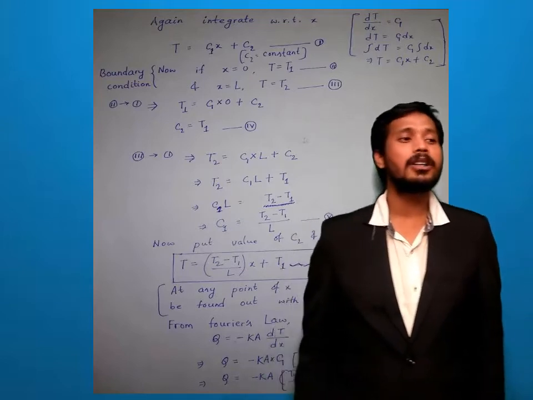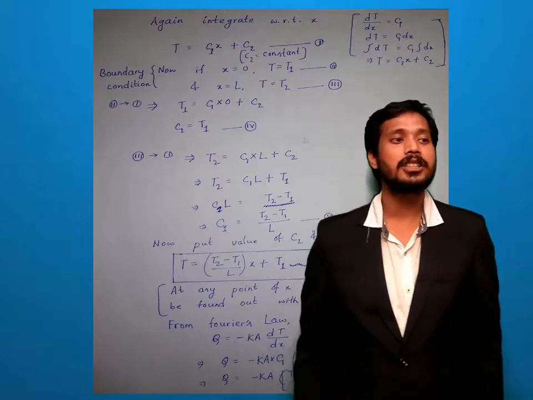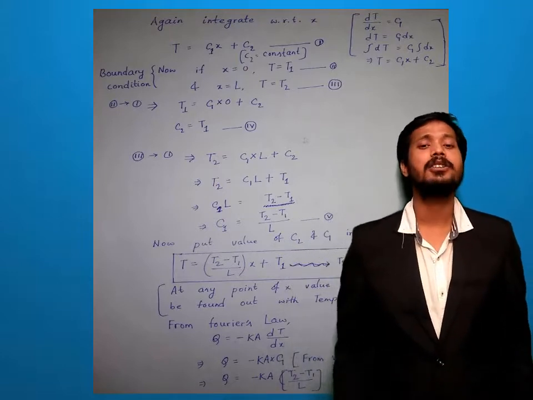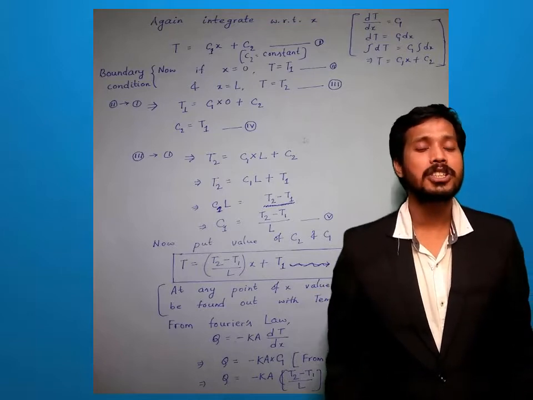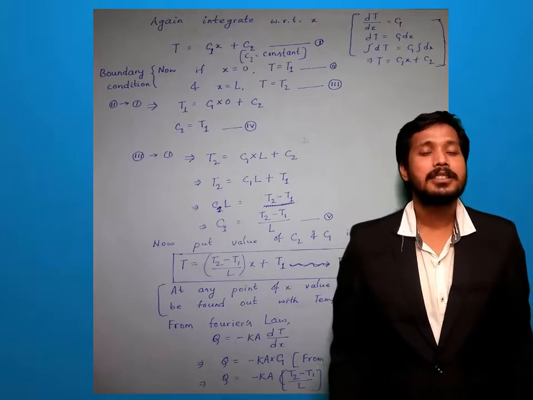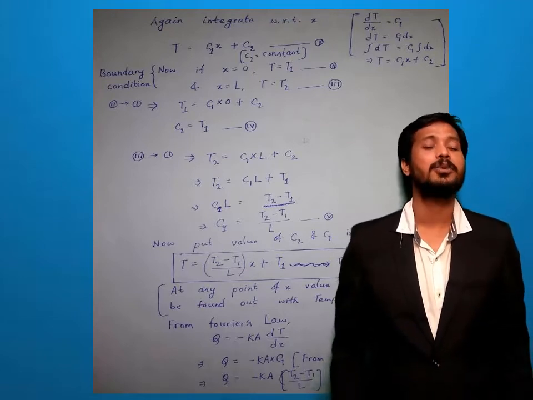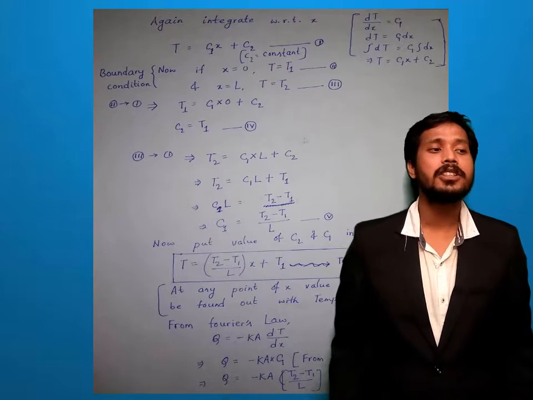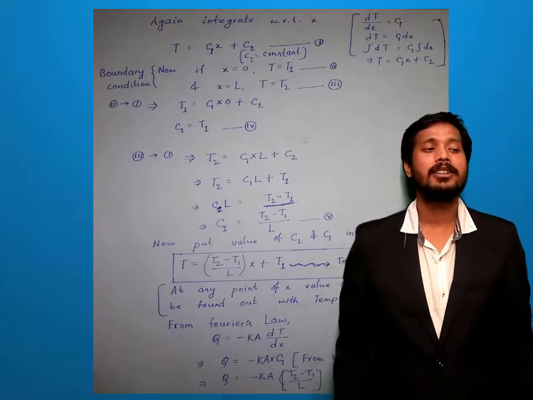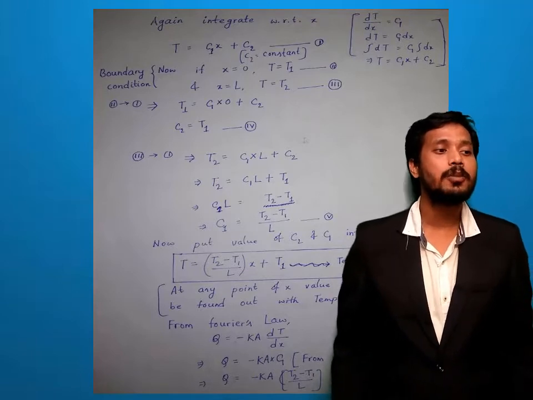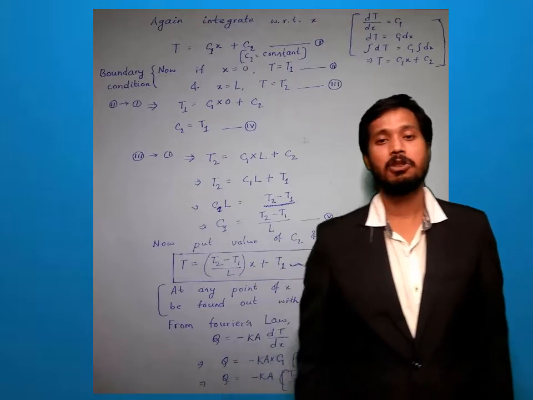Similarly, if we put the value of C2 into the first equation, we get T2 equals C1 into L plus C2. Here you see the value of C2 is already known, so I'll write T2 equals C1 into L plus T1. So finally we get the value of C1, how much? (T2 minus T1) by L. So this is the value of C1.